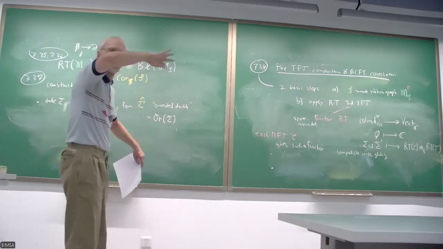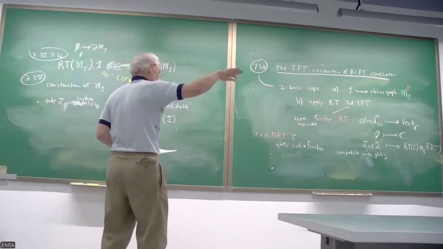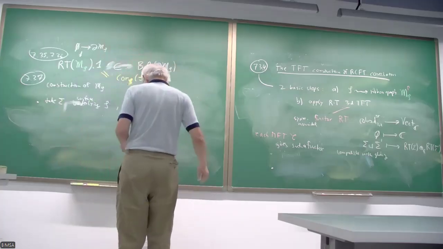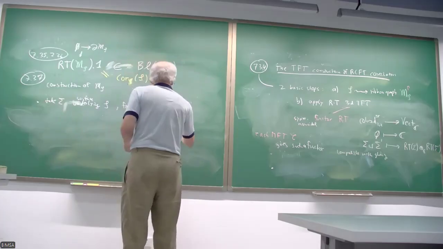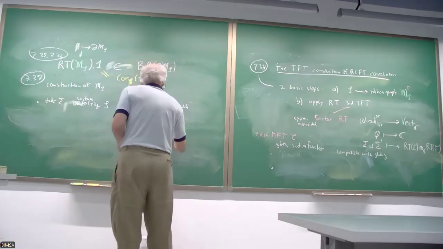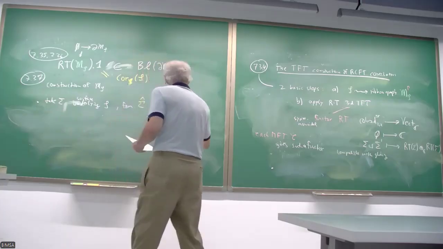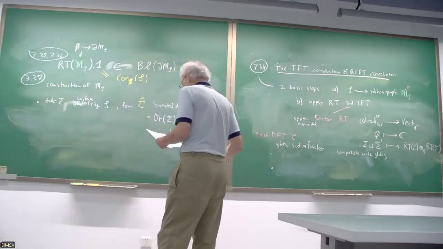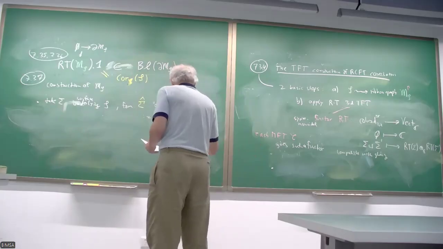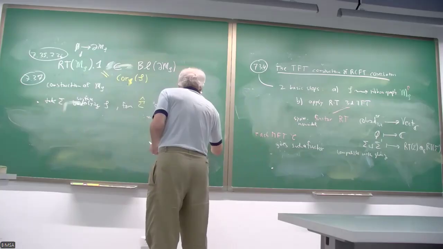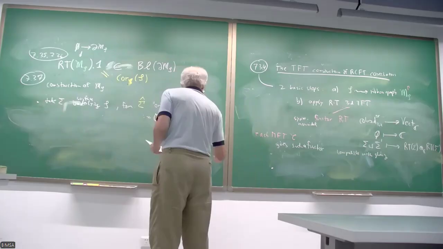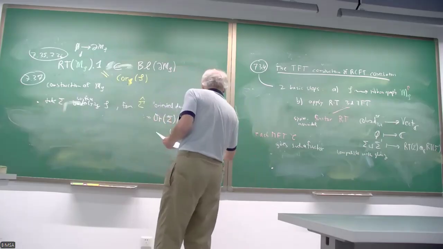So locally, you just choose two sheets corresponding to the two possible orientations, and you divide out an equivalence relation, which says that for any point P with orientation OR, I take the same as P with the opposite orientation, provided P is in the boundary of sigma.